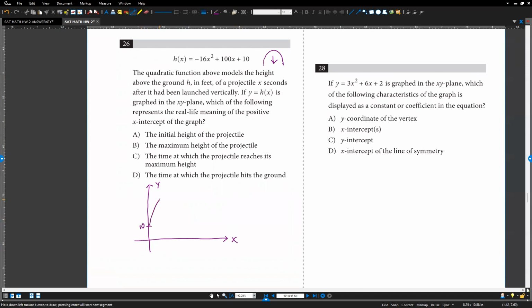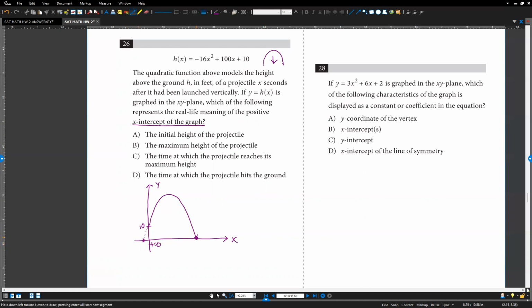The graph looks this way. Or you can use your calculator to make a graph of this one, okay? But we don't have to graph this one because we're going to find the x-intercept. What is the x-intercept in real life? We have 2 x-intercepts here, but this one is negative. We don't care about this. We start from t equals 0, okay?